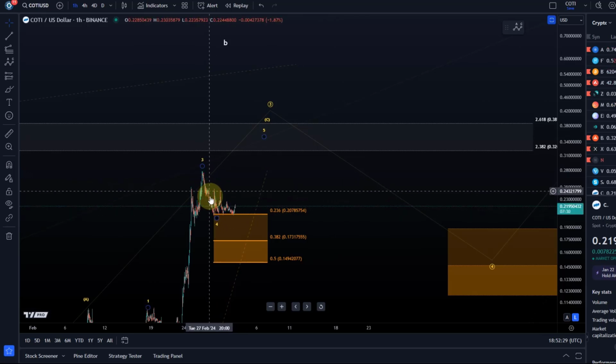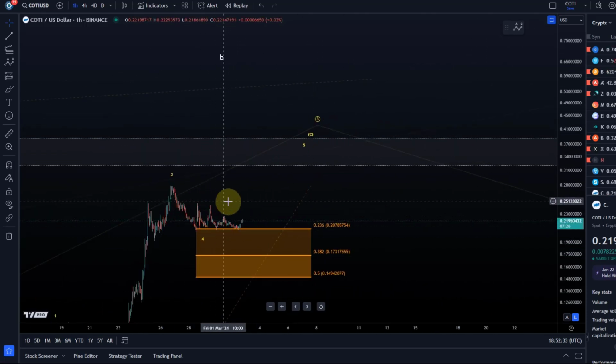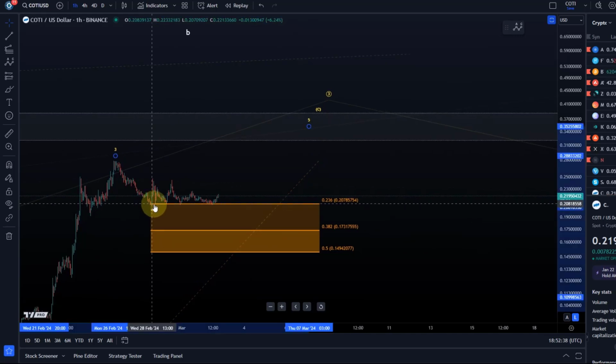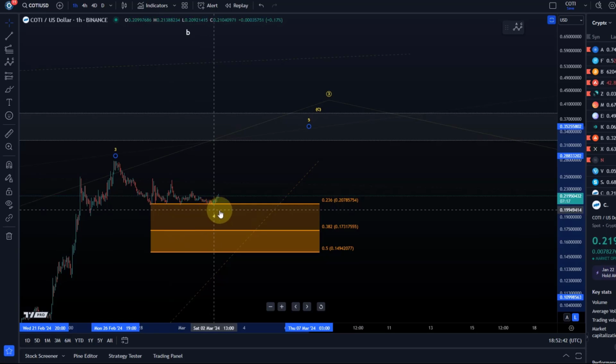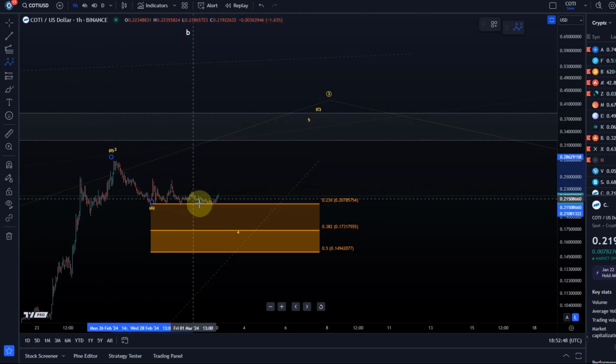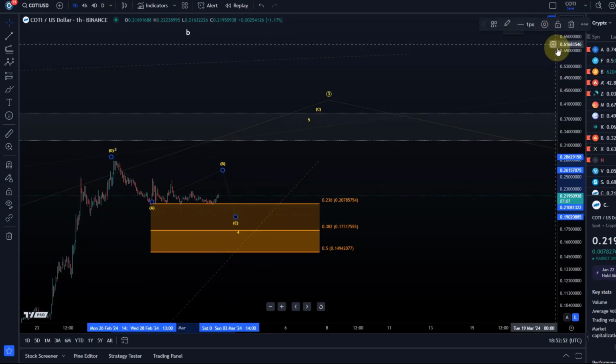It looks like an ABC structure, but it's not clearly a 3-wave move down there. So yeah, that could be wave 4, but then you have all these, I don't know, it looks like a triple bottom, very weak. It might be that this wave 4 extends a bit, and that what we're doing here is an A wave, A, B, maybe it's doing a B, and then comes down and C, something like that.